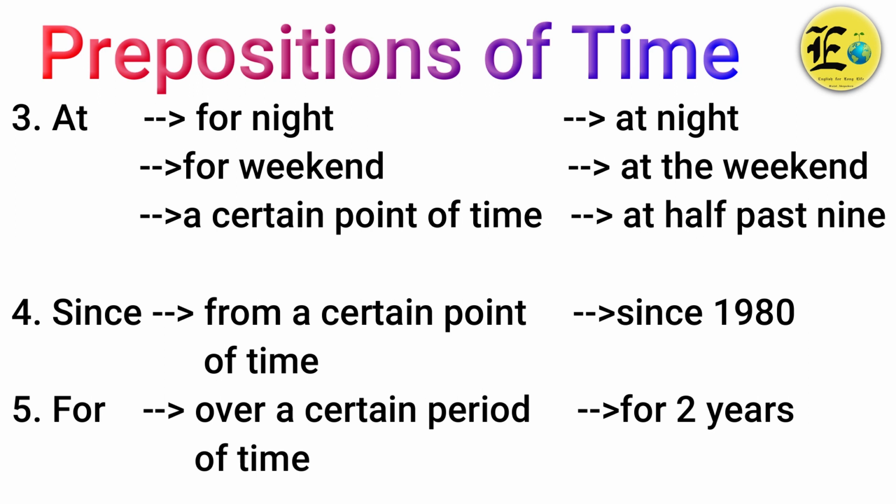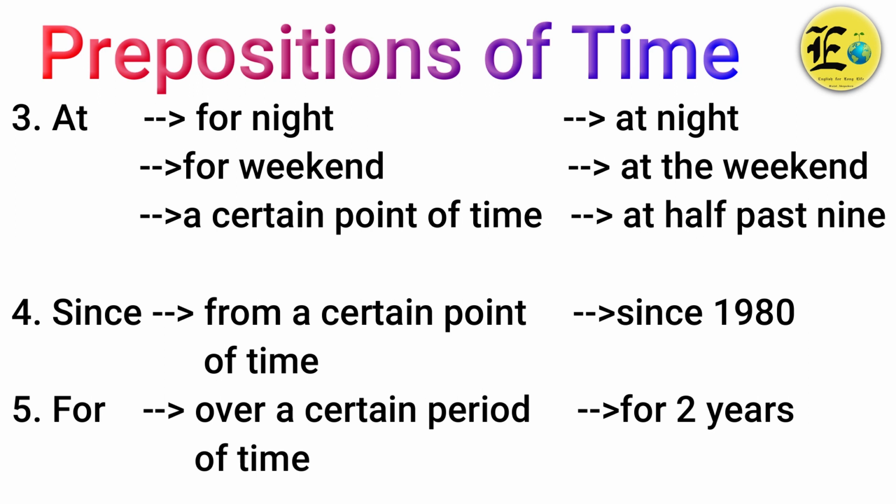And if you are going to mention the word weekend, remember to use the preposition of time at. It's like at the weekend. We have school at the weekend. If you need to talk about a certain time, again, let's meet at 9:30. So if you're mentioning a particular time for a certain purpose, then there also you have to use at.